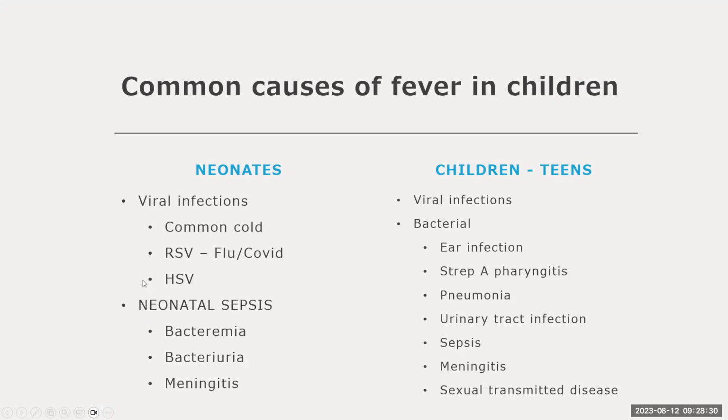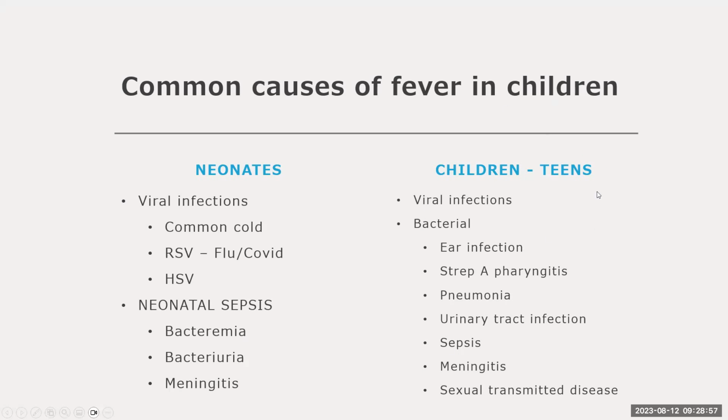These are bacterial infections that the baby picked up, not a lot from the environment, mostly from the mom, from the birth process itself. So it's a little bit different pathogens, but in general it is bacteremia, so bacteria in the blood, bacteria in the urine, and then meningitis, bacteria in the CSF.